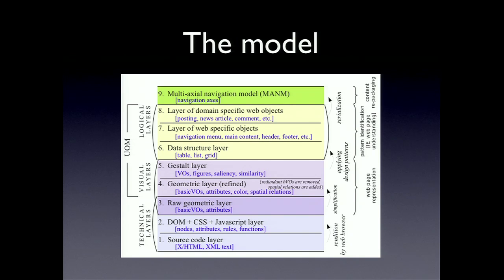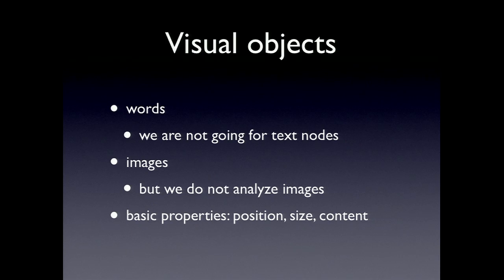There's an increasing amount of information from bottom to top that's being added to the model when we work with it. And the basic element in this model, and this slide is going to come back once again, is a visual object. What we consider visual objects from a web page are words and images.